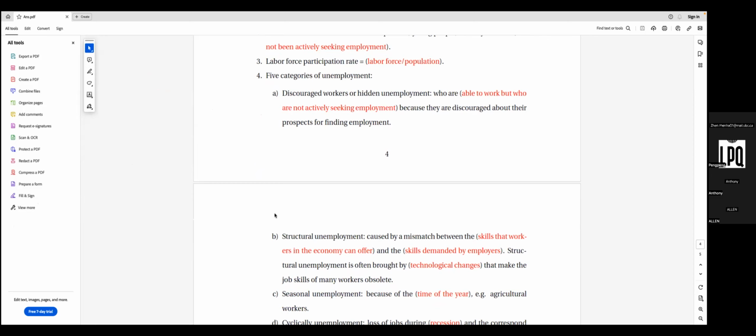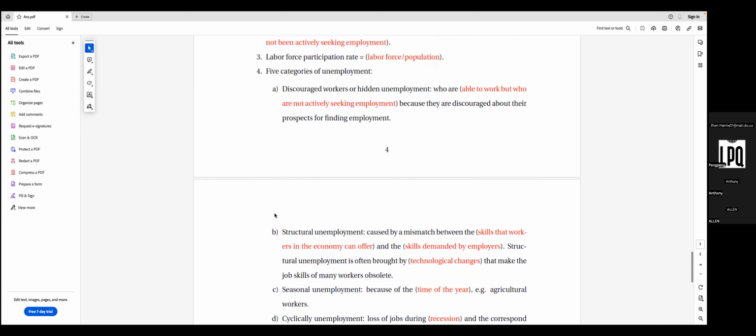Based on the reasons why you cannot find a job, we have 5 types of unemployment. All these types are distinguished by the reason why you cannot find a job, and multiple choice questions will test you on these different reasons.